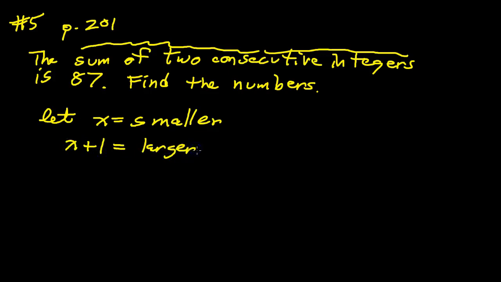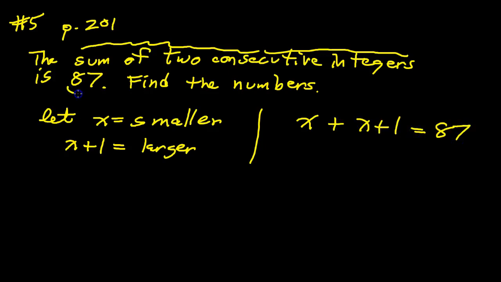If they're consecutive, one is smaller than the other, and of course, consecutive integers increase in breaks of 1. All right, so if x is the smaller, x plus 1 is the larger, so all we have to do then to set up an equation is say x plus x plus 1 equals 87.